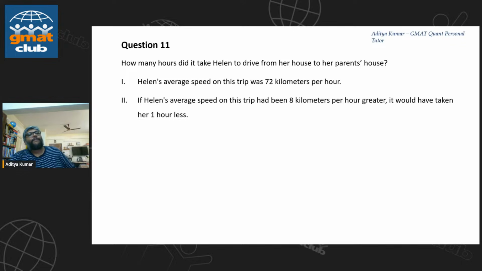So you're expected to see whether the statements individually give you your answer or whether combined they give you your answer.